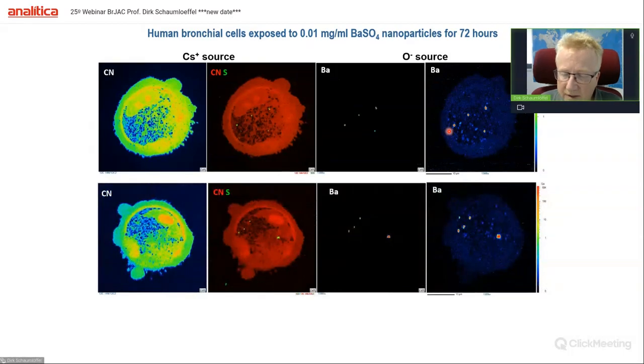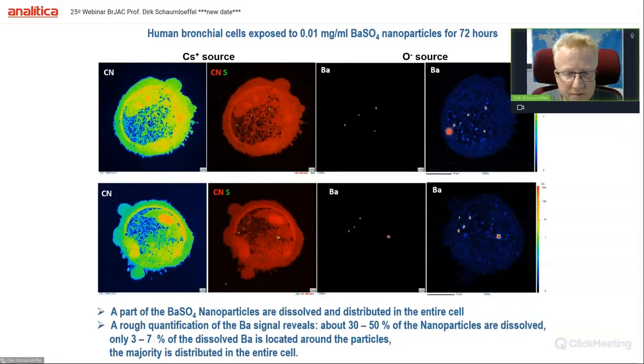We verified this with another example. We see the same, and then we could also do some calculations, pixel by pixel, area by area, to see how much barium is still in the particle, to do a relation between the barium within the particle and the barium dissolved in the cell. As I told you at the beginning, it's not only the visual impression, we can really treat the data pixel by pixel.